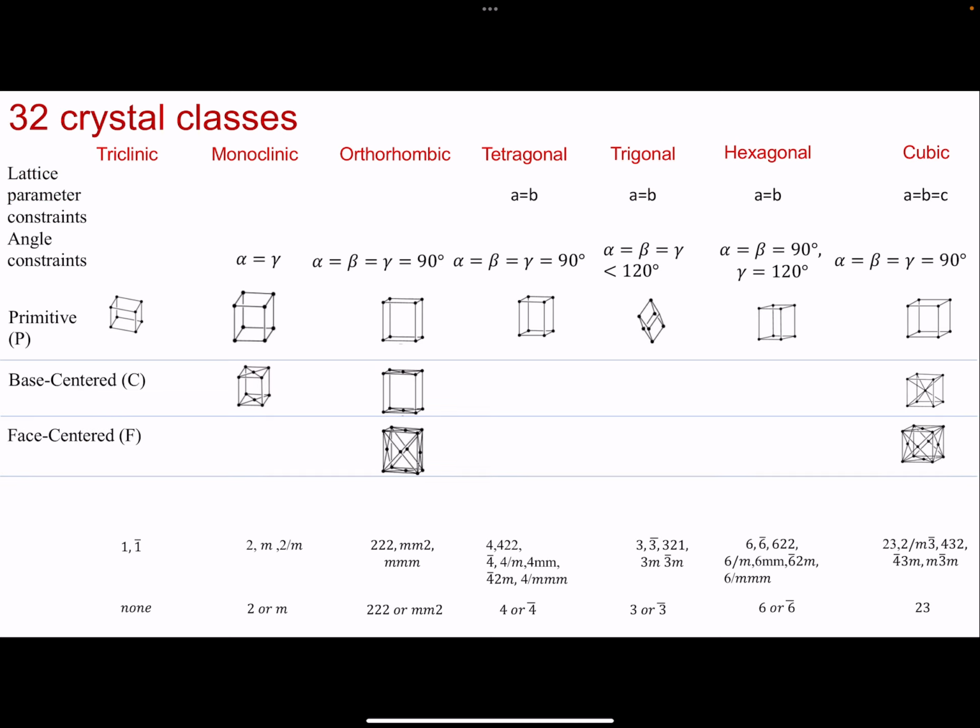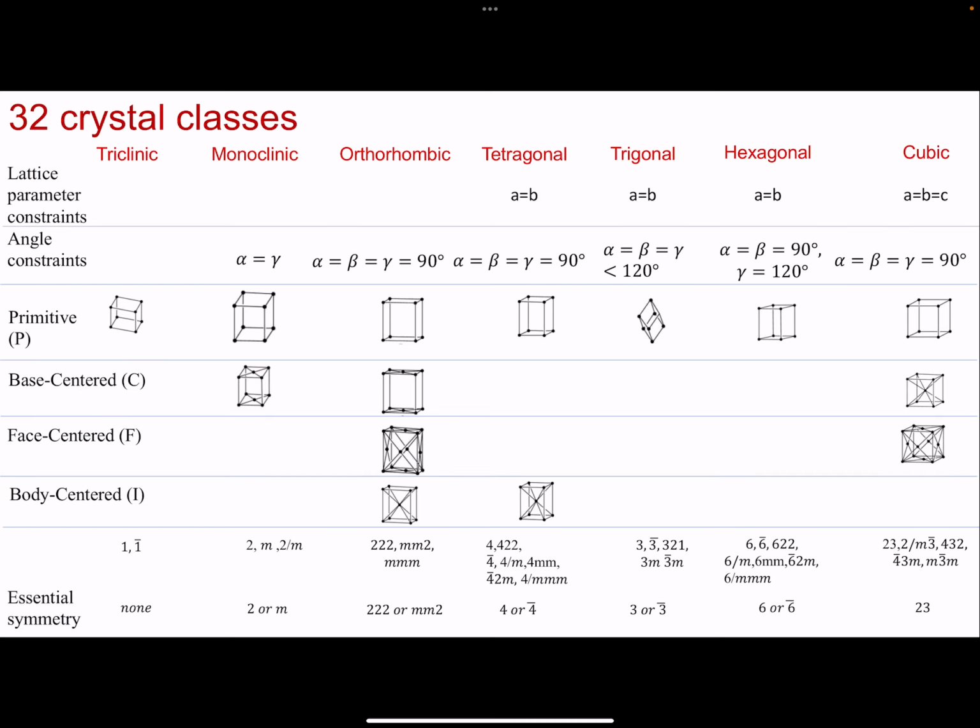Now, if we put this all together, we can see that in terms of the point groups, for each crystal system, we can denote all the point group symmetries as well as the essential symmetry. So what is the minimum symmetry that each crystal system must have to qualify for each crystal class?